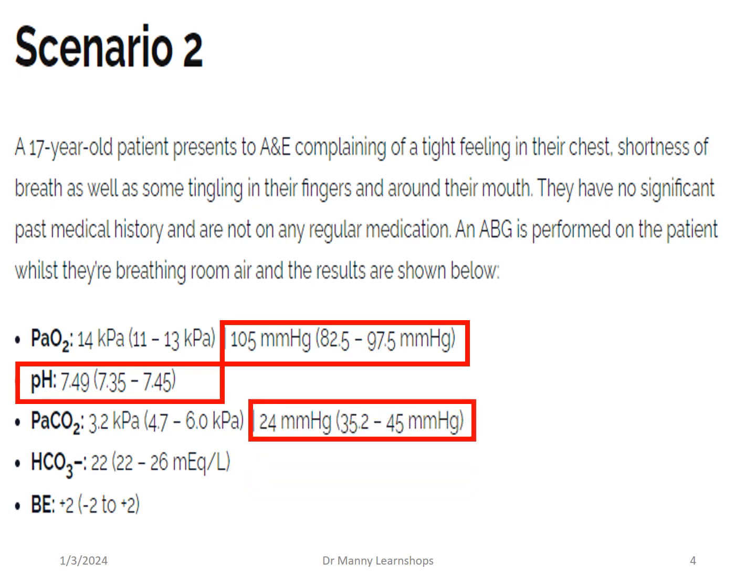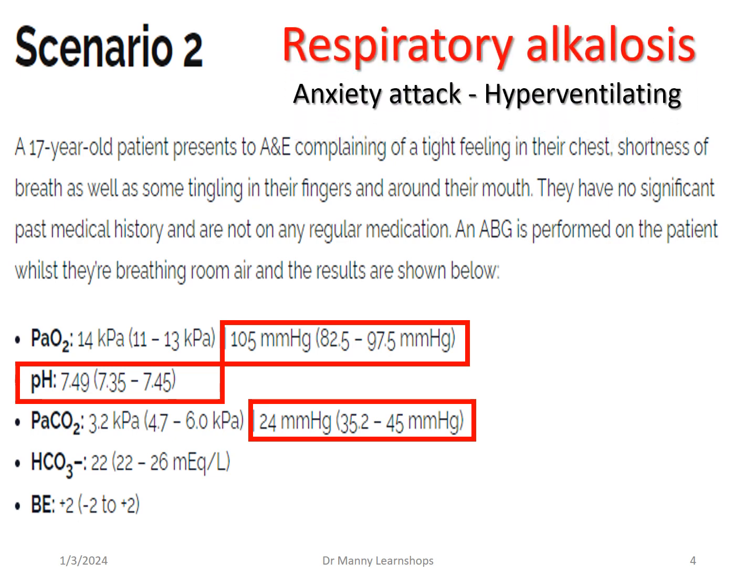Then you've got a PaCO2, which is low, which indicates hyperventilation and alkalosis. So when we come to our findings, we end up having a respiratory alkalosis, which is probably related to an anxiety attack because the patient is now hyperventilating, causing the CO2 to become low and alter the pH.